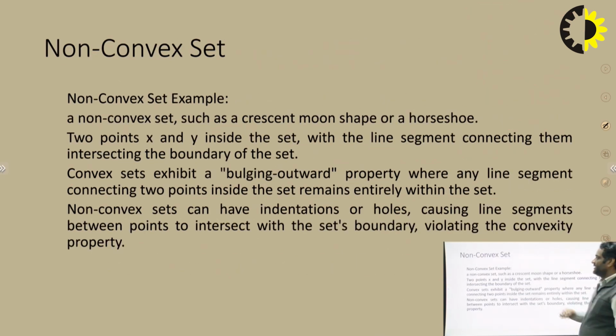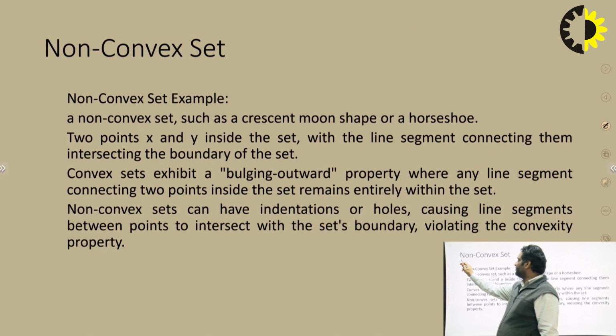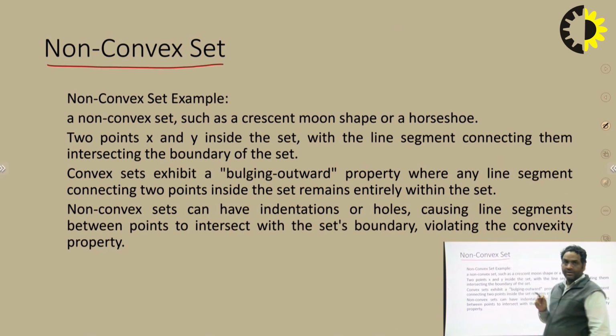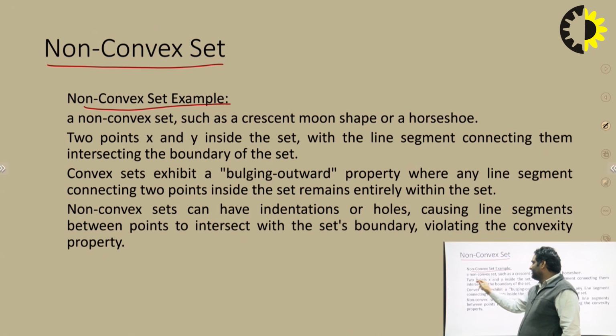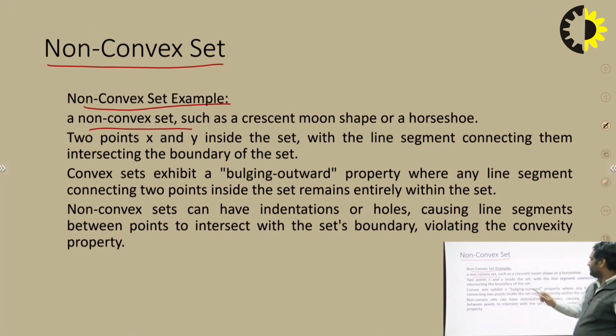Now the next terminology, opposite to the first, is the non-convex set. An example of a non-convex set is a shape such as a crescent moon or horseshoe.